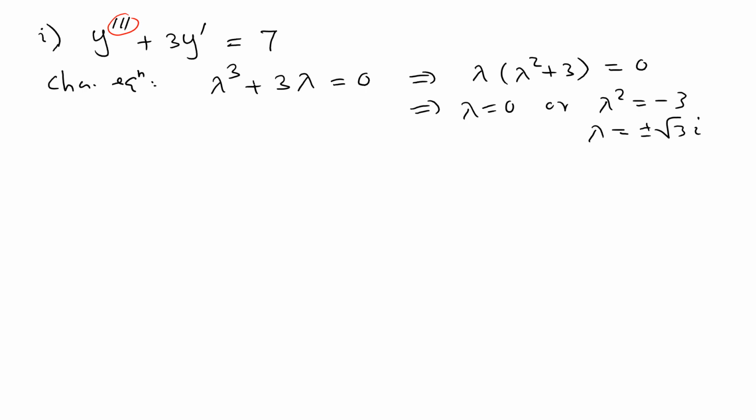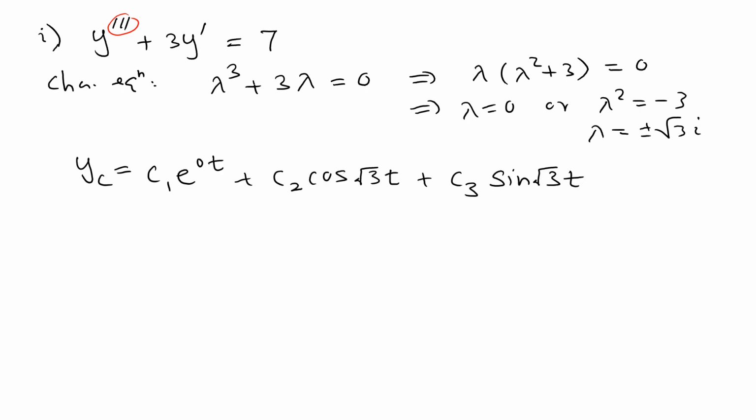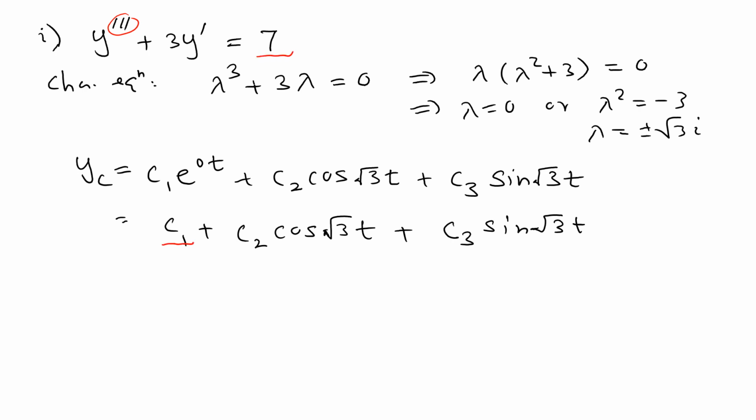That's a complex situation. So you can write yc now. Yc takes this form. Let's use t as the variable. You can simplify this a little bit. This is going to be simply c1 plus the other terms. Now you can see that this is the same repetition situation. c1 means a constant, and the right-hand side is a constant too. So you cannot just write a constant for this one.